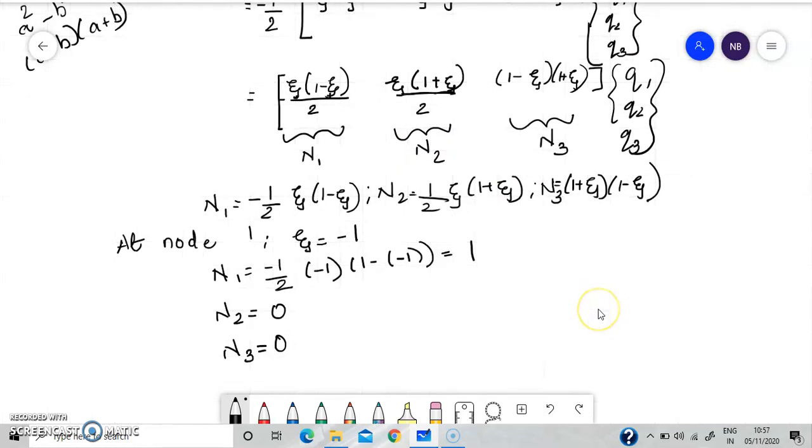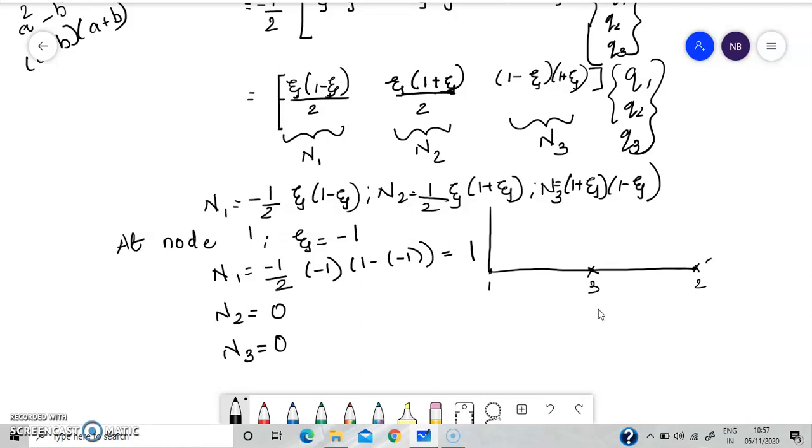To draw this variation, we know that this is node 1, this is node 2, and this is node 3. At node 1 the value is 1, at node 2 it is 0, and at node 3 as well it is 0.